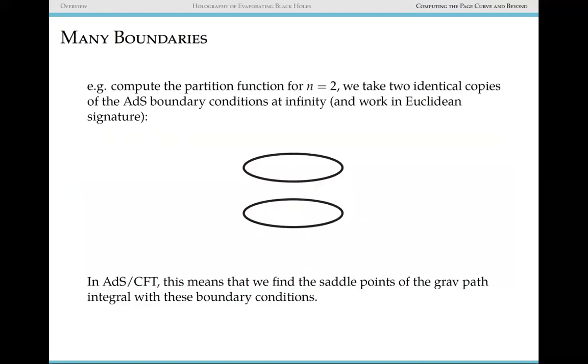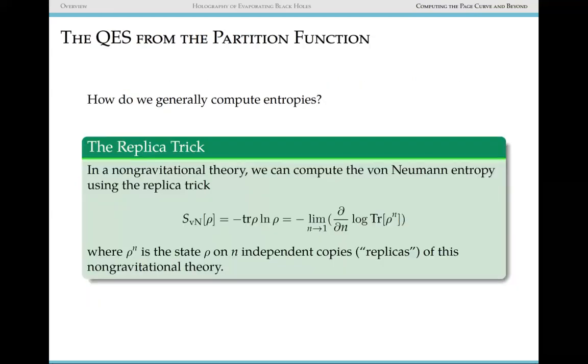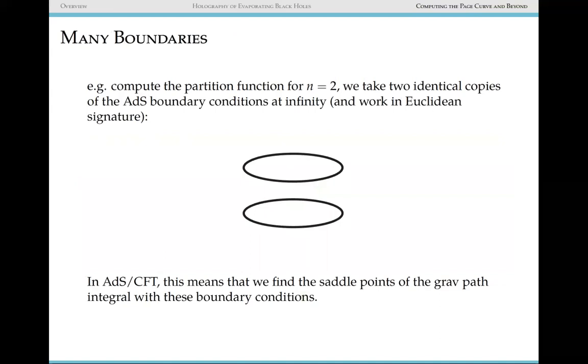In gravity, we want to compute the partition function for n equals 2, which can be rewritten in terms of the partition function on n independent copies of the system. That means we're going to take two copies of the Euclidean AdS boundary conditions at infinity. That just looks like two circles here.